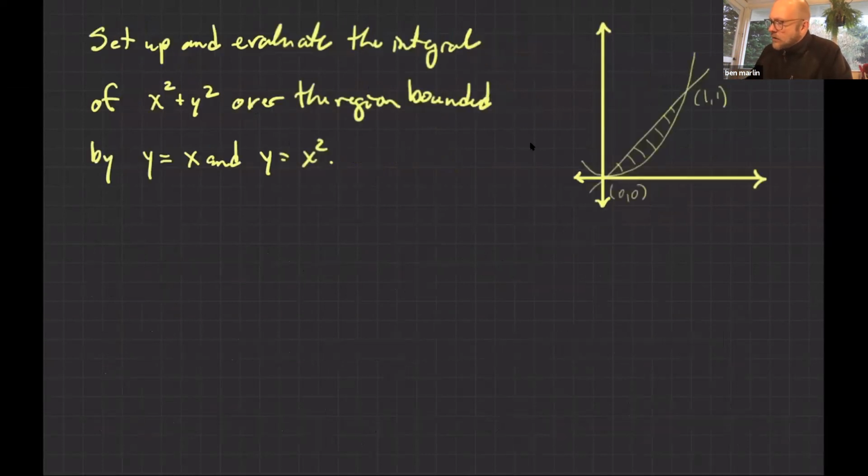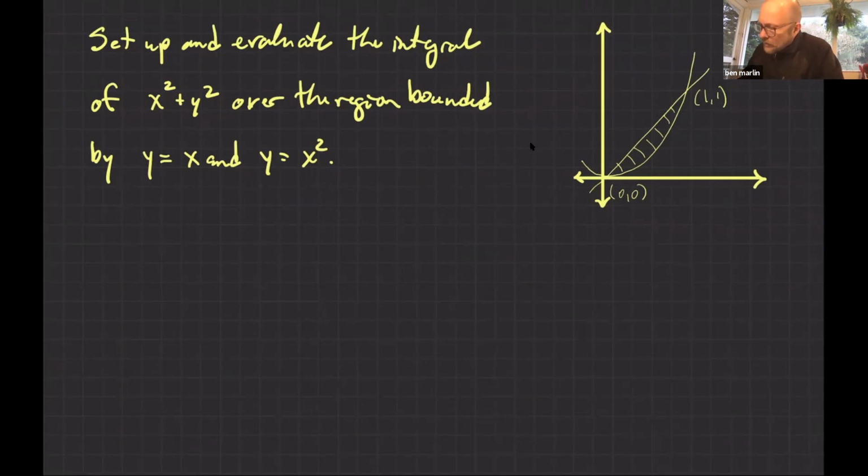Okay, let's see what the next setup is here. This one, the instructions say to set up and evaluate the integral of x squared plus y squared over the region bounded by y equals x and y equals x squared. Now, please notice I have to give you both the thing to integrate and the region. Those are two separate objects, okay?